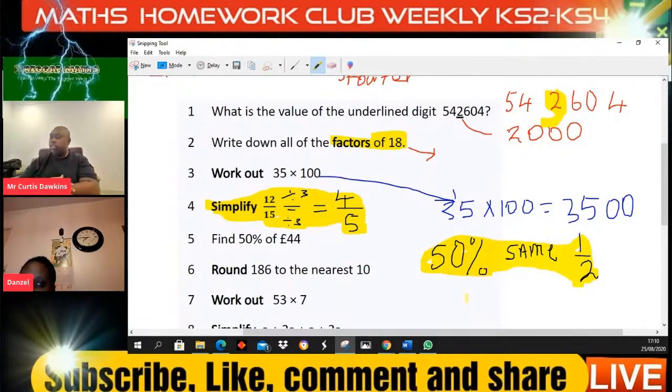Okay, so how do we work out a half again? Can you remember? How do we find a half of something? A half is the same as divide by 2.